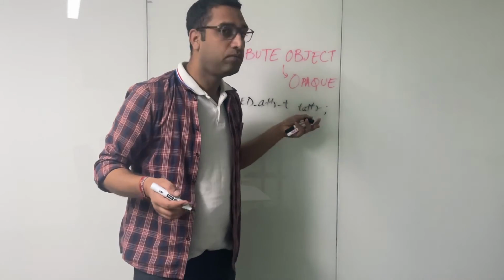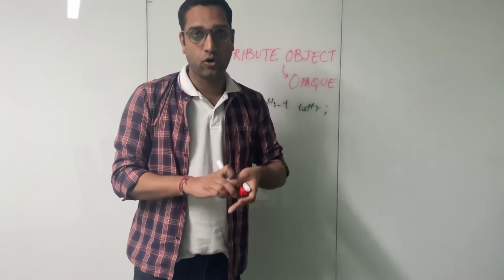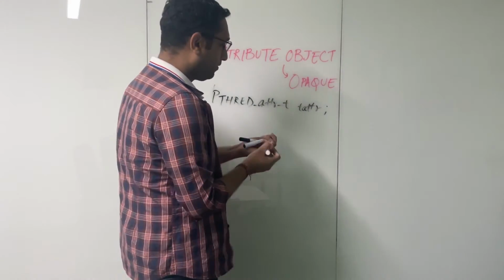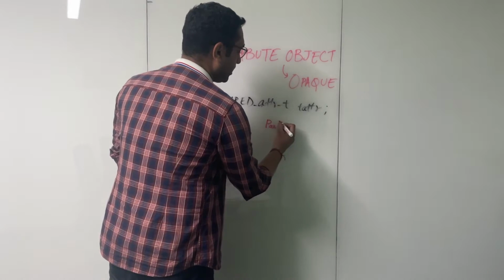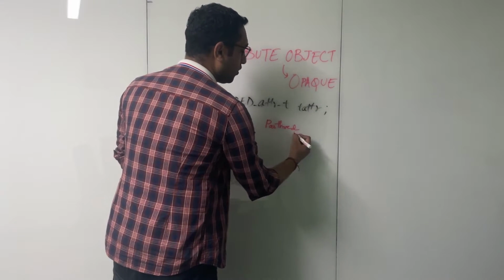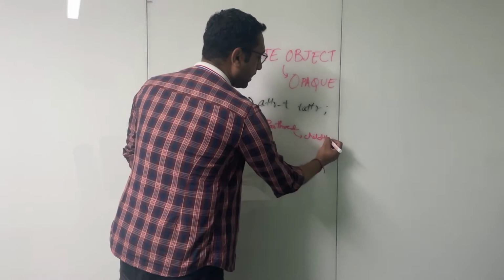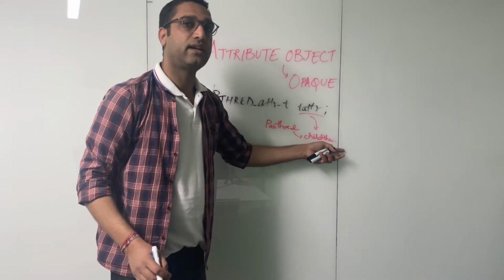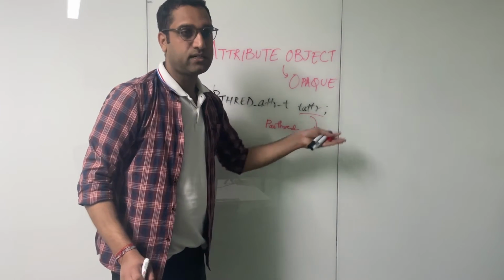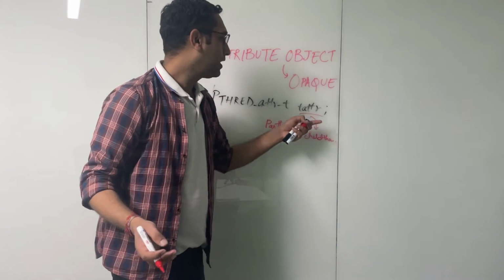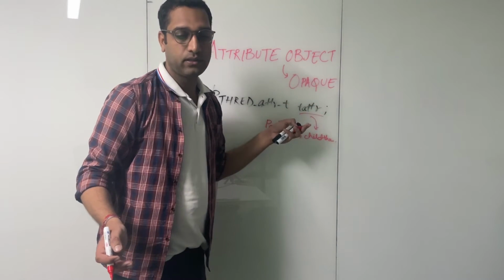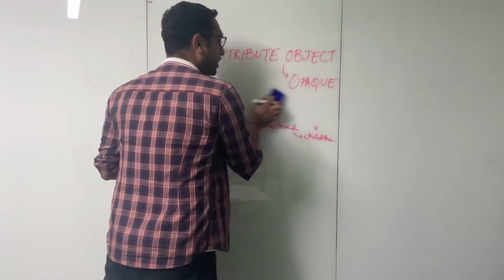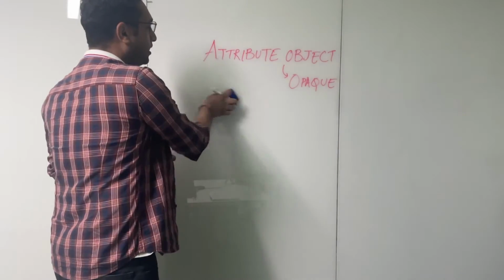So this object needs to be destroyed once its needs are met. Let's say a parent thread spawned something called a child thread, and it used tattr for initializing the child thread. Once the child thread is done executing and exits, it's basically destroyed, but the tattr is still present and holding the memory. So for that we have a function provided by POSIX that can destroy the attribute objects.